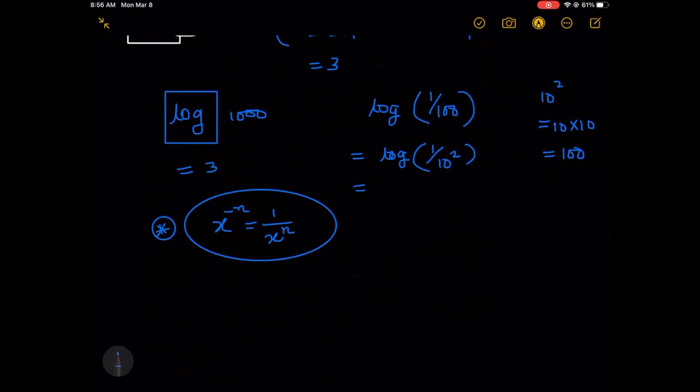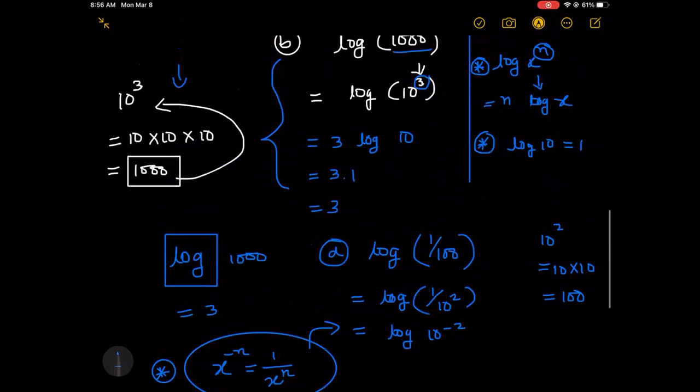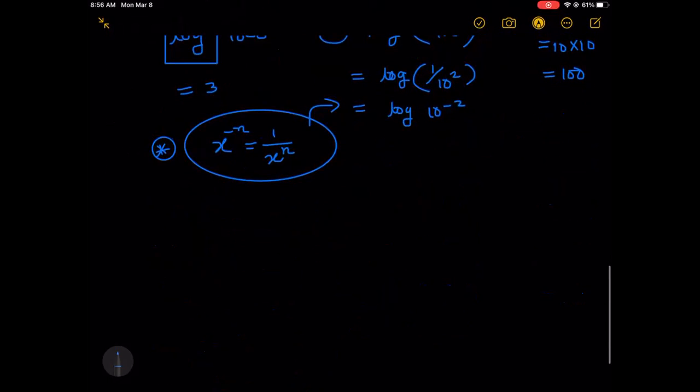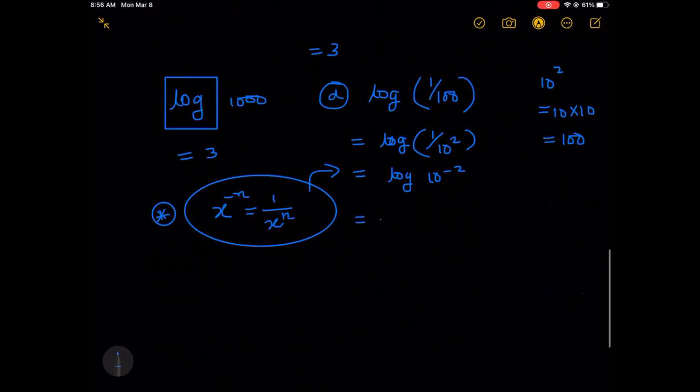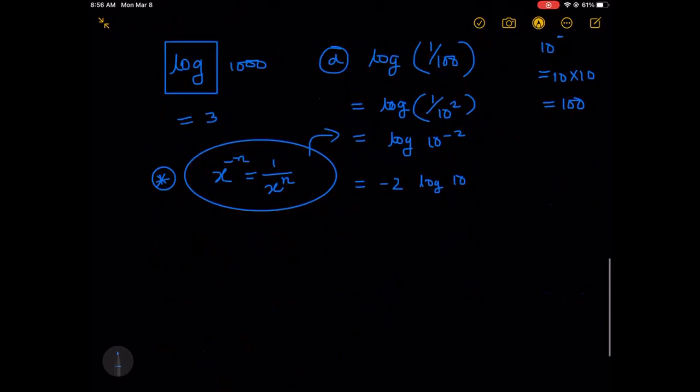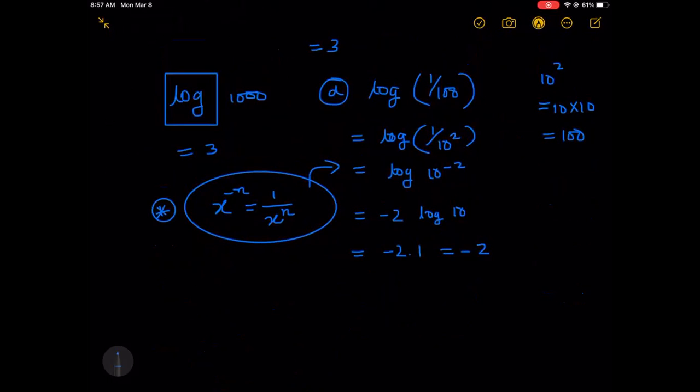And now if we use this property, we'll get log of 10 to the negative 2, right? And then we'll use this property where the exponent comes in front. So now this will be negative 2 log of 10, and log of 10 gives us 1, so it's negative 2. Again, you can cross check this using your calculator.